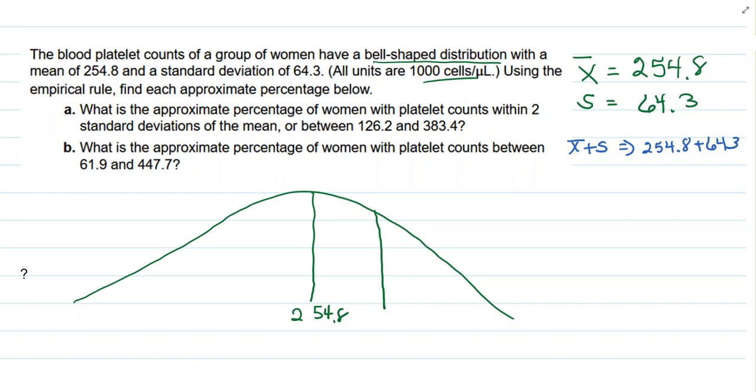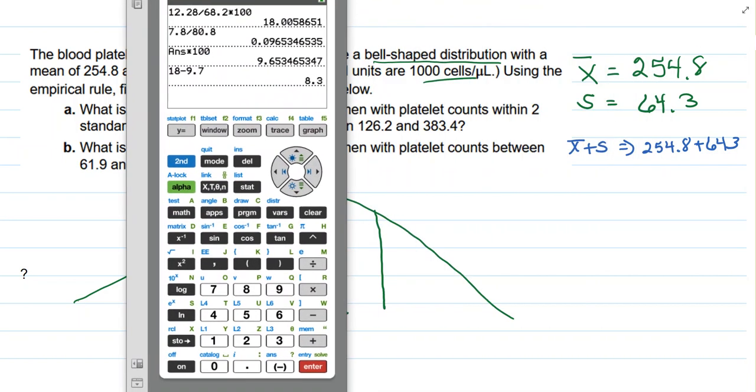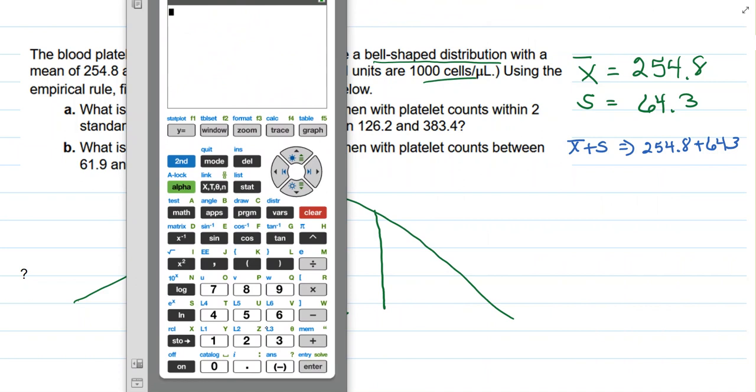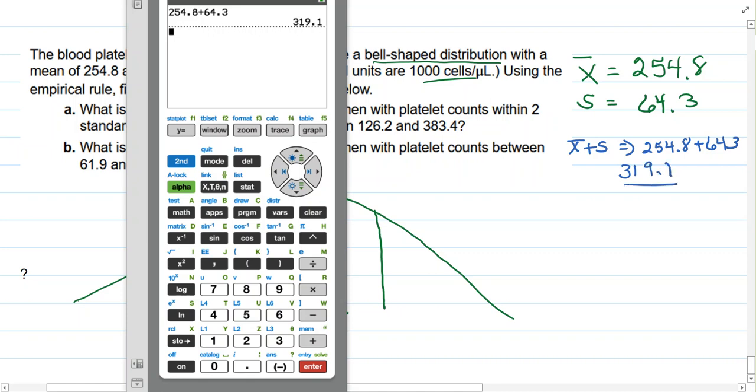So let's do our math. 319.1. All right, so that's one standard deviation. Then our X bar plus 2S is our next break.